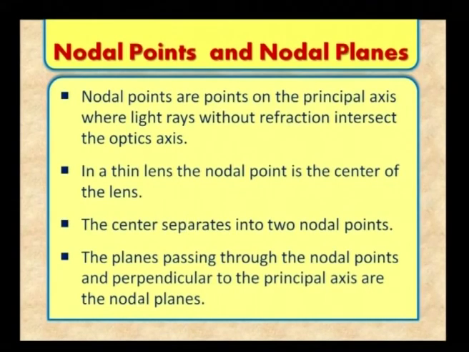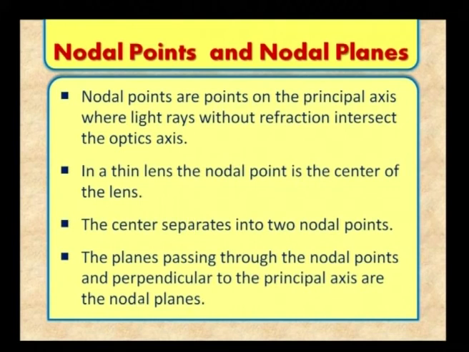In the earlier lecture, we saw all the 6 cardinal points, and now in this lecture we will be talking about the nodal points and nodal planes through which the light ray will pass. Nodal points are points on the principal axis where light rays are not refracted.